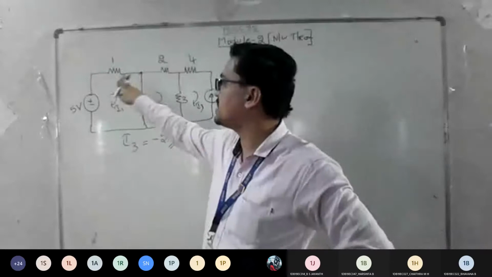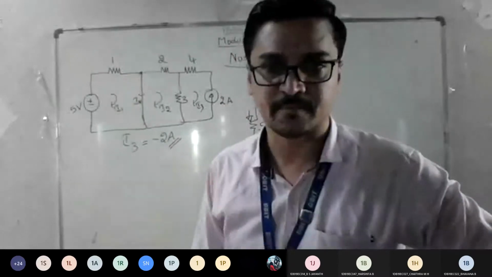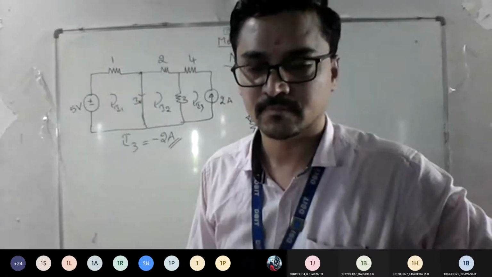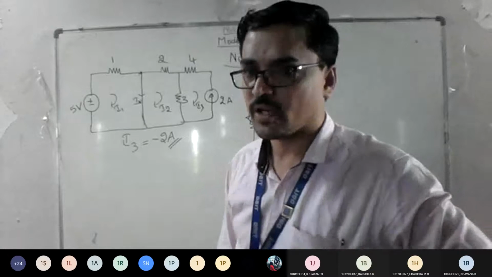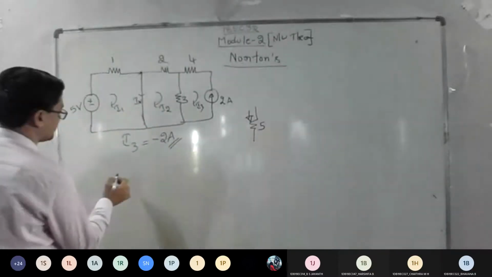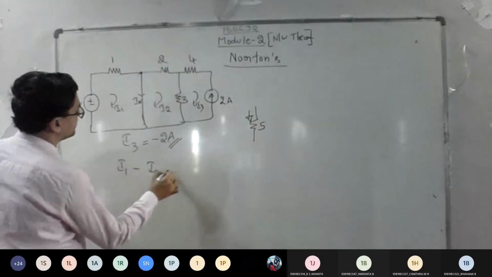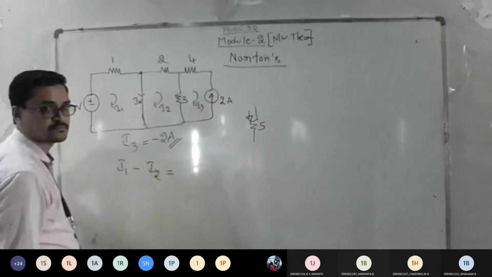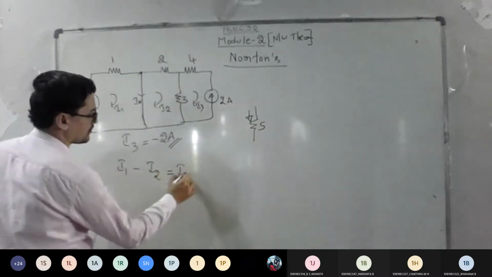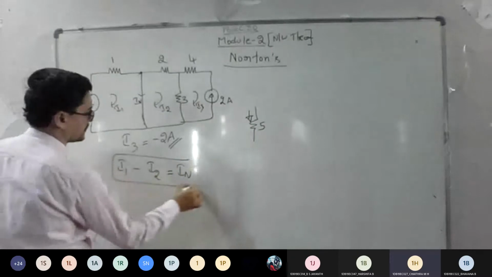So now tell me what should be your Norton current formula? Which is matching with IN? I1 is matching or I2 is matching? I1. So what is the first equation now? To find Norton current, I should get I1 minus I2 is equal to IN.